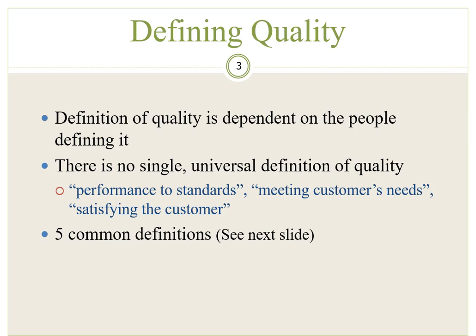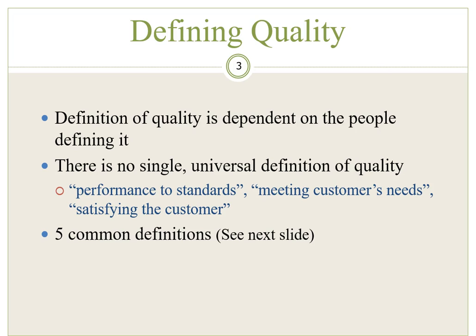Now, the definition of quality is very subjective and usually depends on the point of view of the person defining it, right? So the difficulty in defining quality actually exists regardless of the product, and this is true for both manufacturing and service organizations.